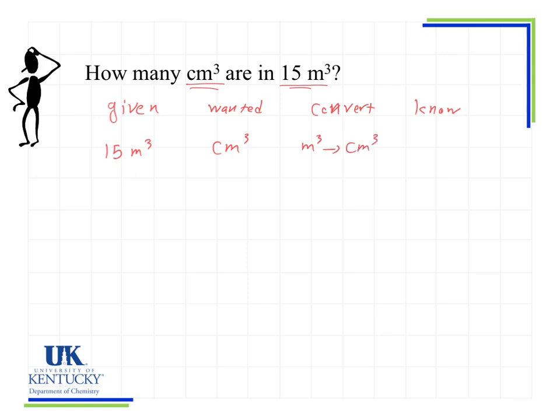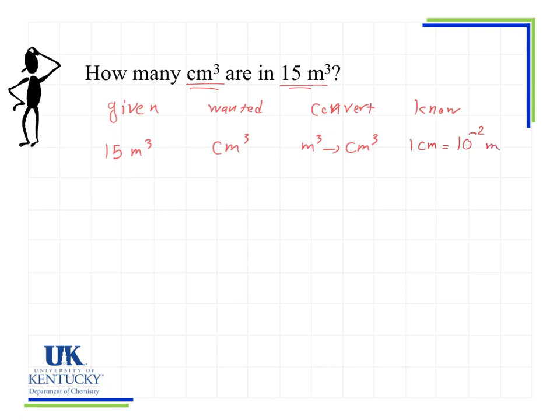So in our chart of prefixes, do we know any conversion that can convert cubic meter to cubic centimeter? Well, I don't remember the direct conversion of these two, but I know that 1 centimeter is 10 to negative 2 meter, right?